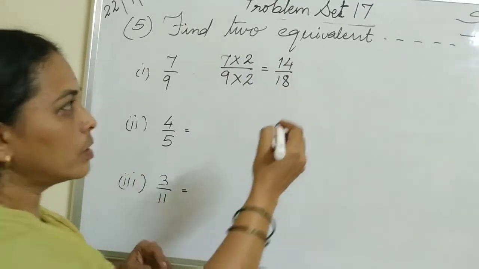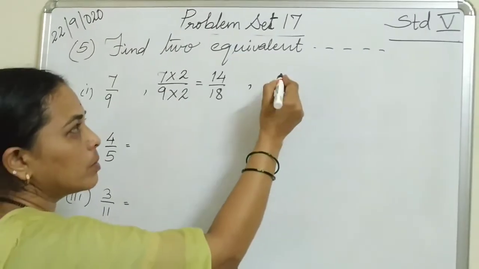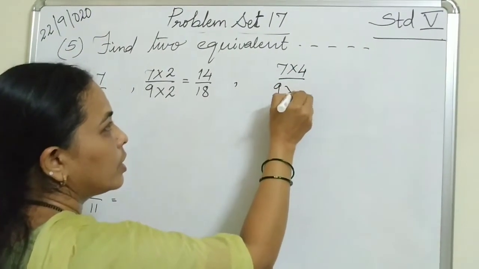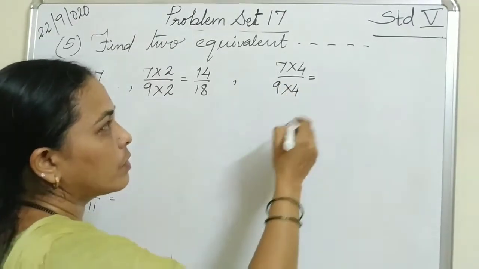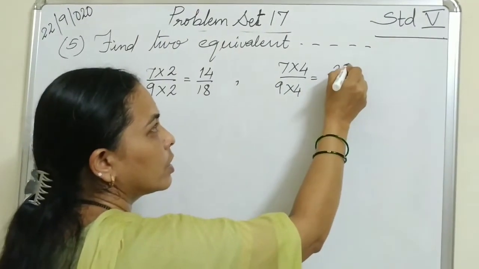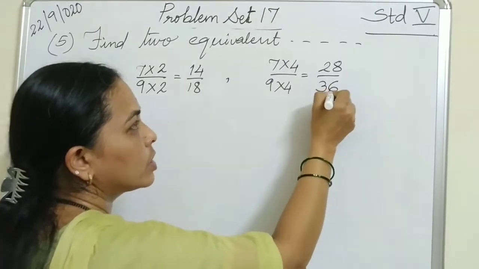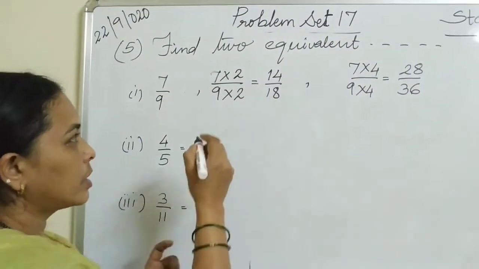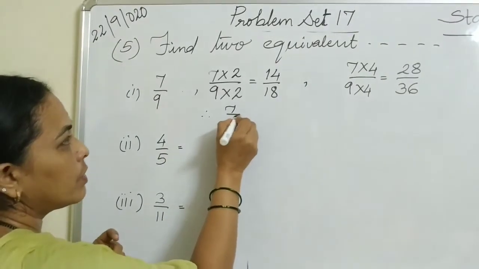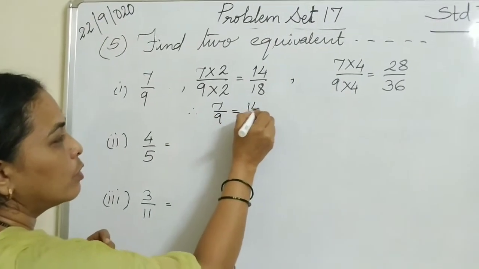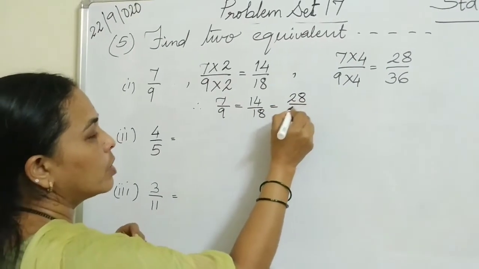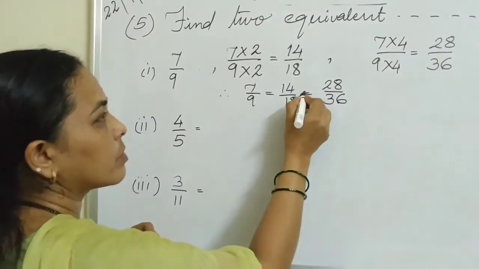We got 1. Second, you can multiply 7 into 4, 9 into 4. Okay, 7 4s are 28 and 9 4s are 36. So we have got two equivalent fraction to 7 upon 9. That is 7 upon 9 is equal to 14 upon 18 is equal to 28 upon 36.